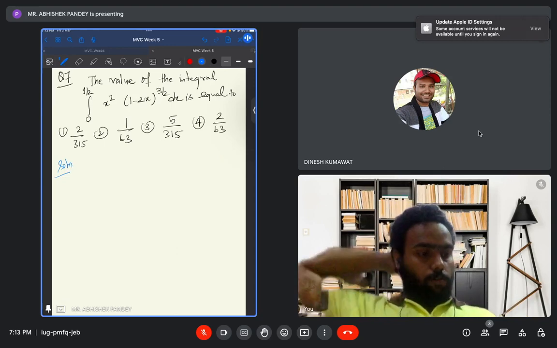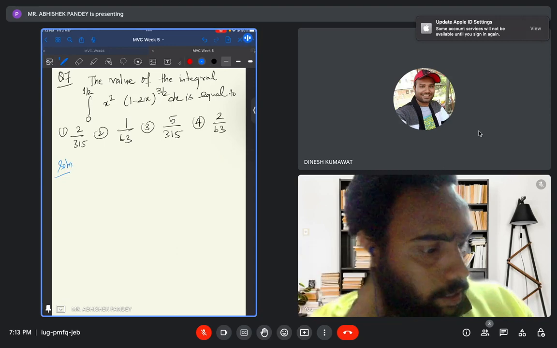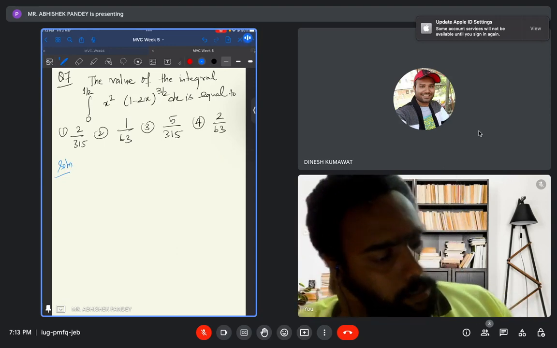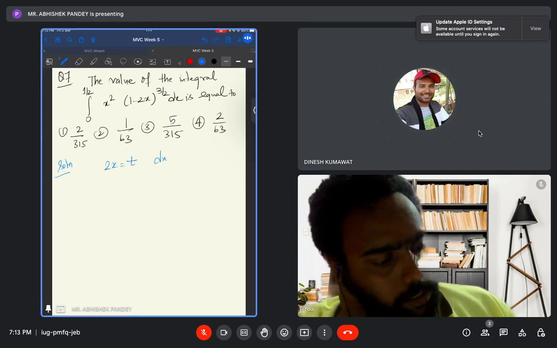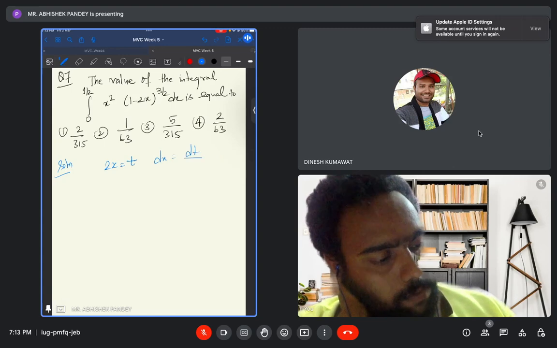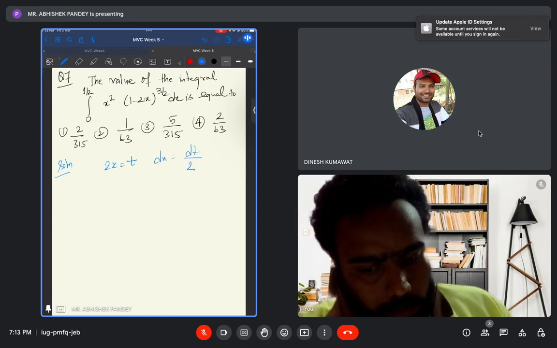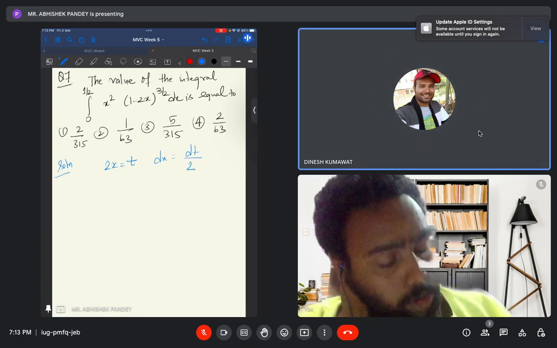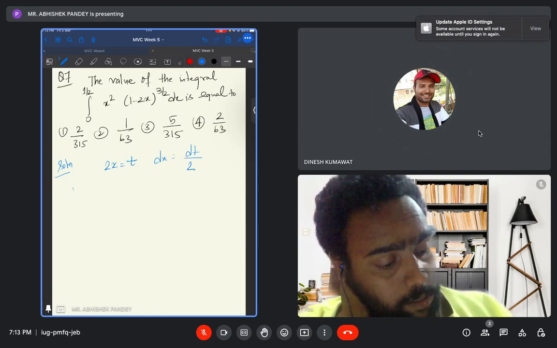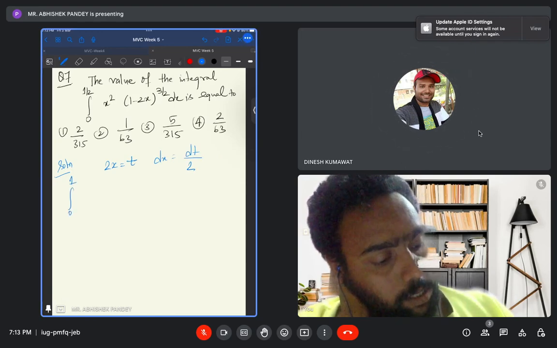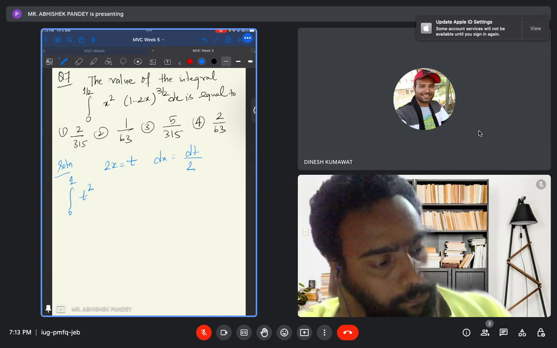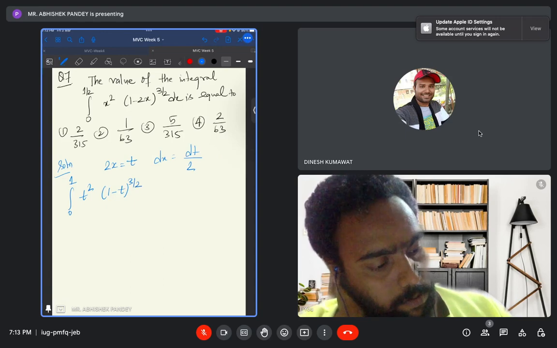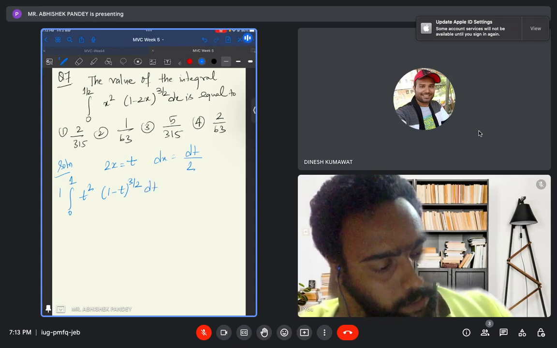So what we can do here is, if we put 2x equals t, then dx is dt by 2. Now it will come to the beta form, 0 to 1, t square 1 minus t to the power 3 by 2 dt and 1 by 8.